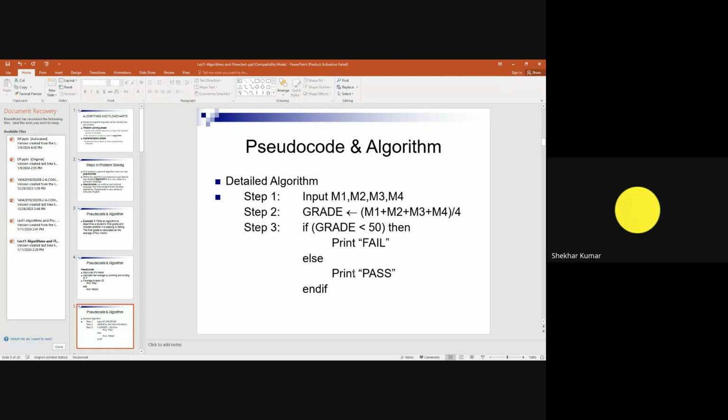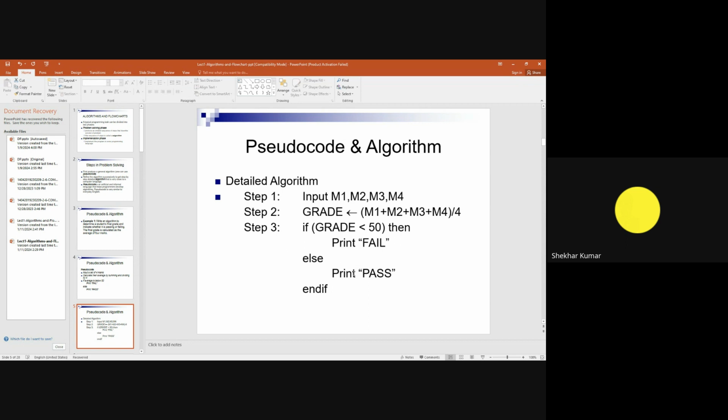In the first step, you input the marks of 4 subjects. In the pseudocode, you wrote to input a set of 4 marks. According to that step, I have input M1, M2, M3, and M4. So I have declared the 4 variables M1, M2, M3, and M4, and I have put the values of these 4 variables in the first step.